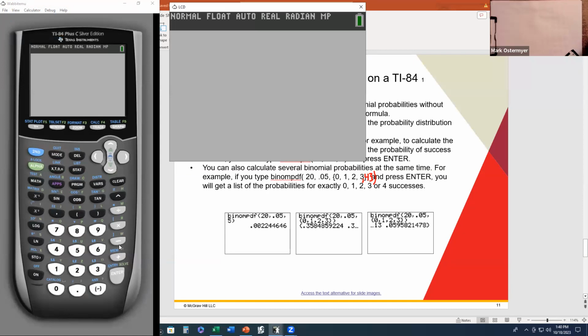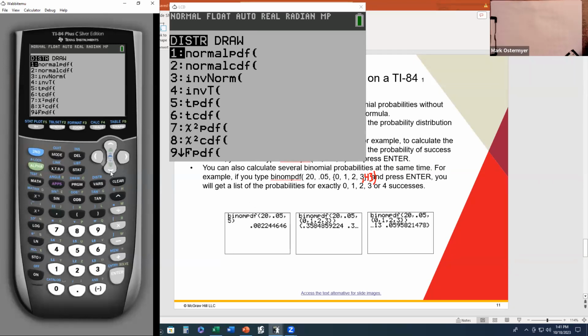Suppose I'm interested in building a list of probabilities for having exactly 0 successes, or 1 success, or 2 successes, or 3 or 4 successes out of 20 trials. Let's see if we can do this on our calculator here. I'm going to try to even go above and beyond what this PowerPoint is saying and show you something else. I'm going to grab my binomial PDF here.